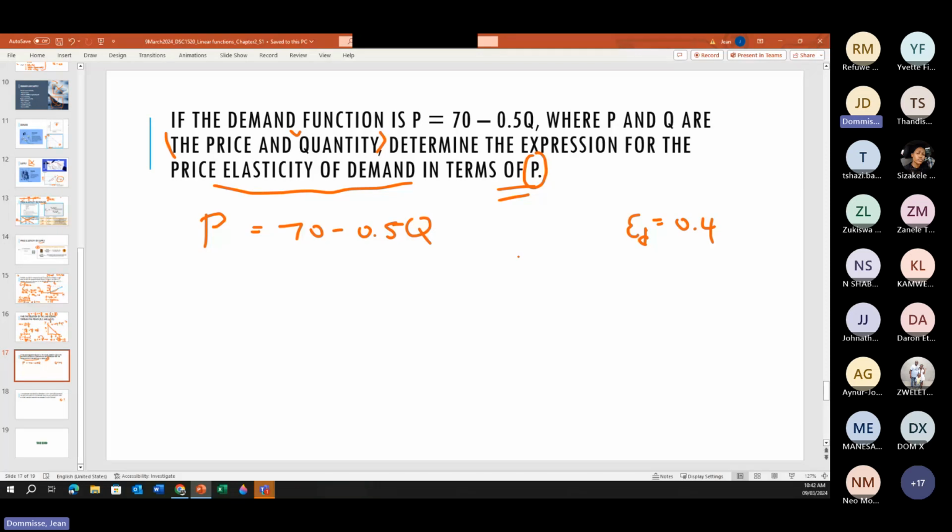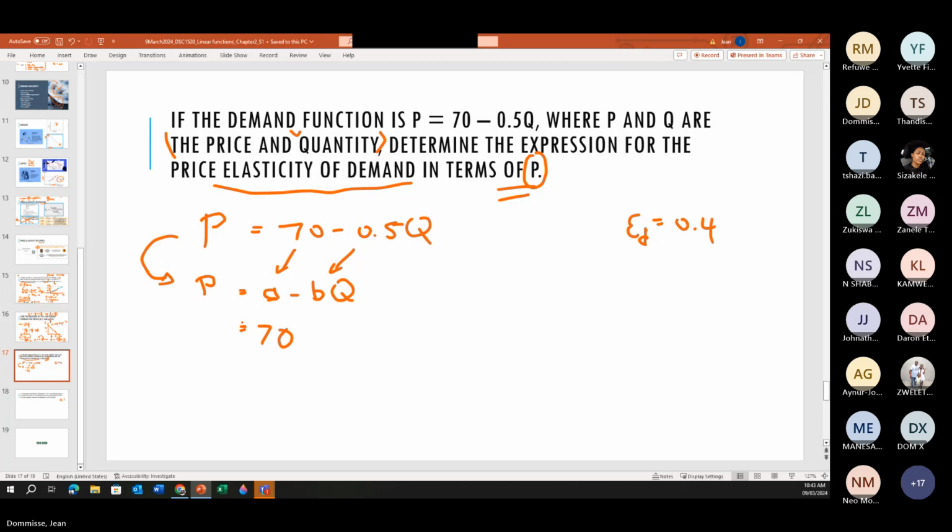Okay, so for now, in terms of P, what is it that we're looking for? Let's just rewrite this a bit into something that we also know how to use in the formulas. I just went back to first principles to rewrite it to something that we know. So we know that this is normally the function. Let's see things that we can pick up.